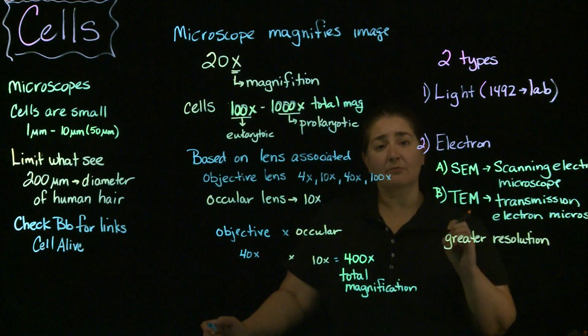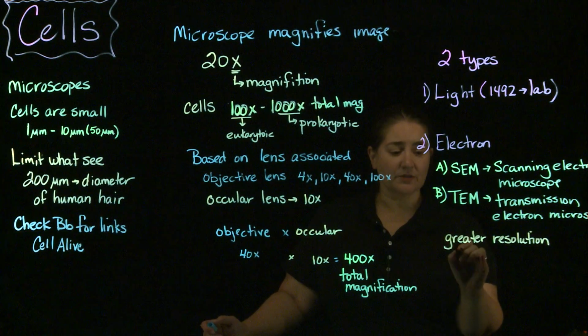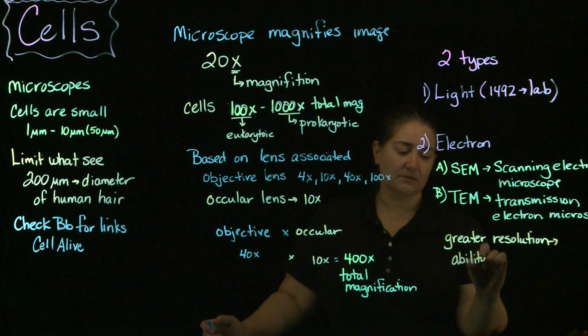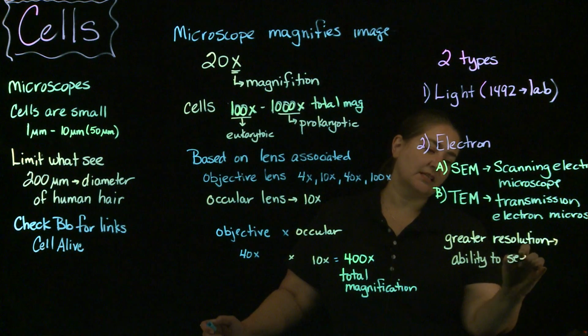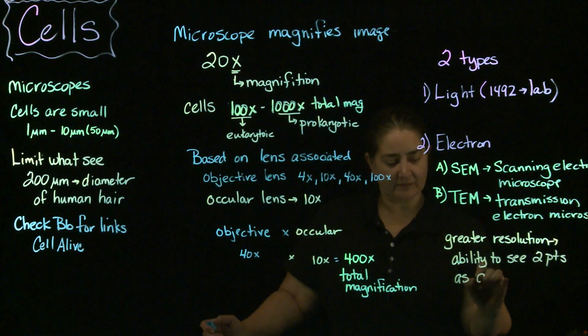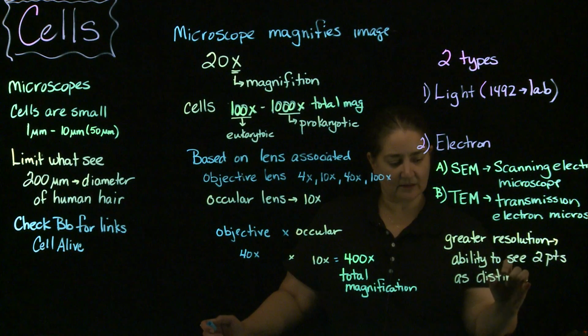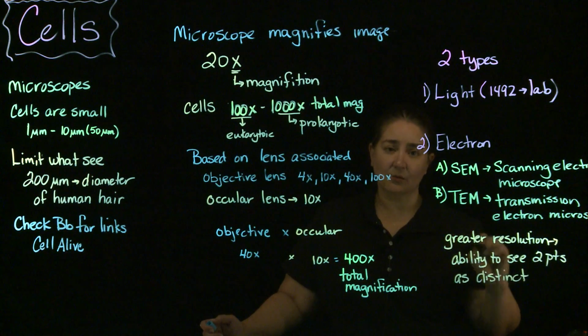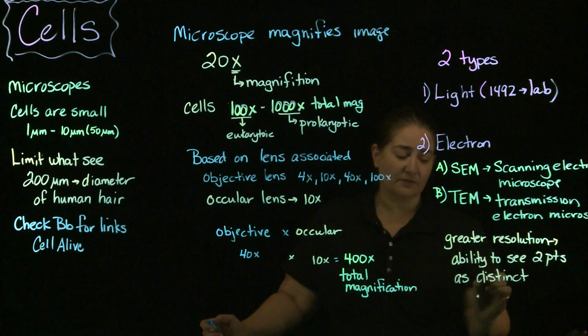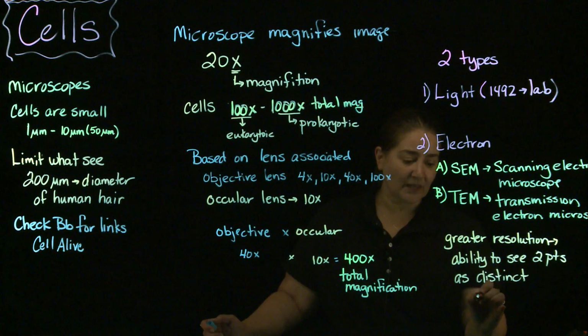And when we're talking about resolution with microscopes, we're talking about the ability to see 2 points as distinct points. So when I teach face-to-face, I'll draw things on the board, and I'll draw things really close together.